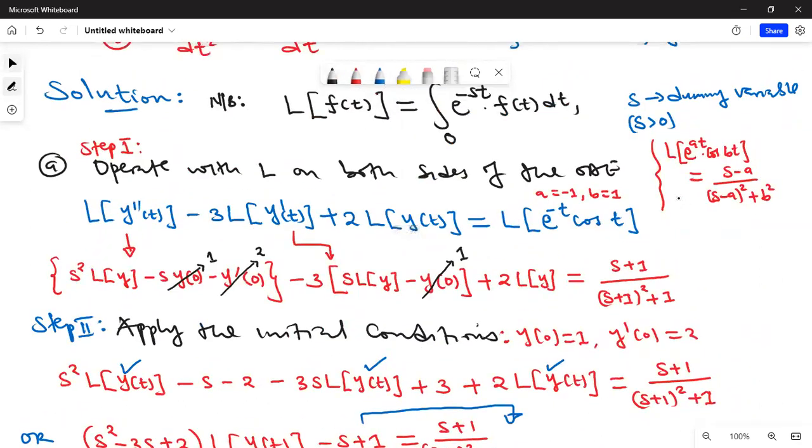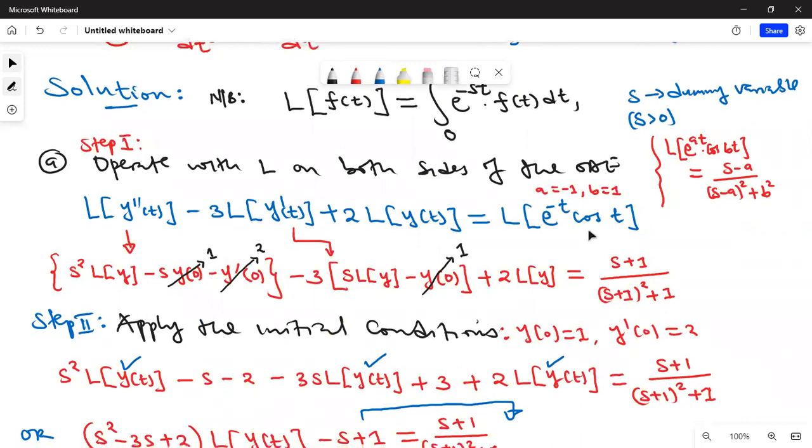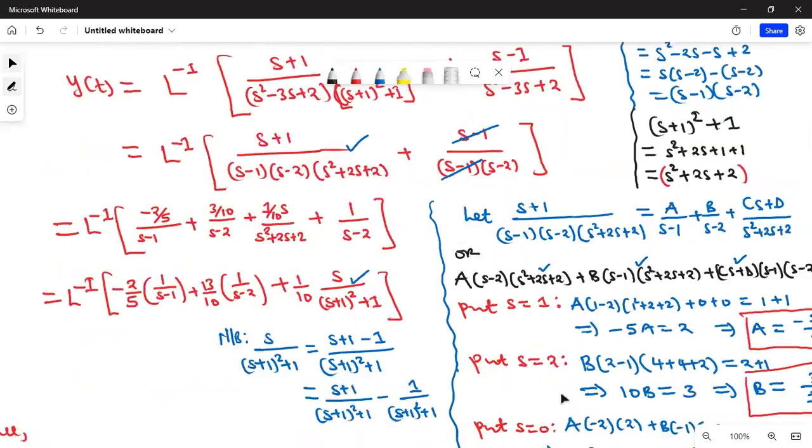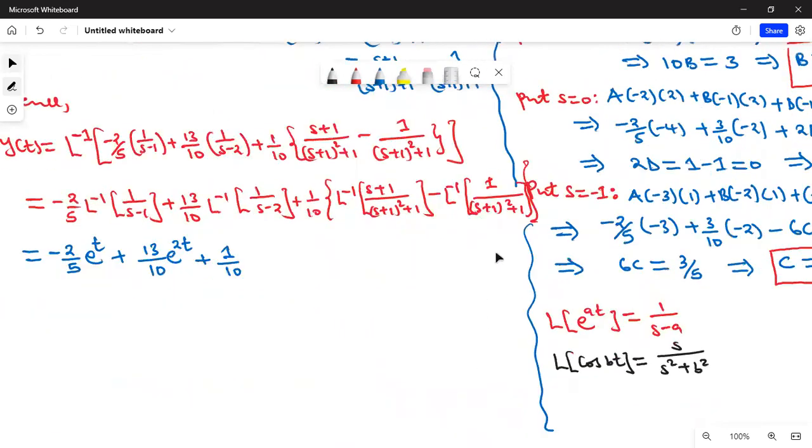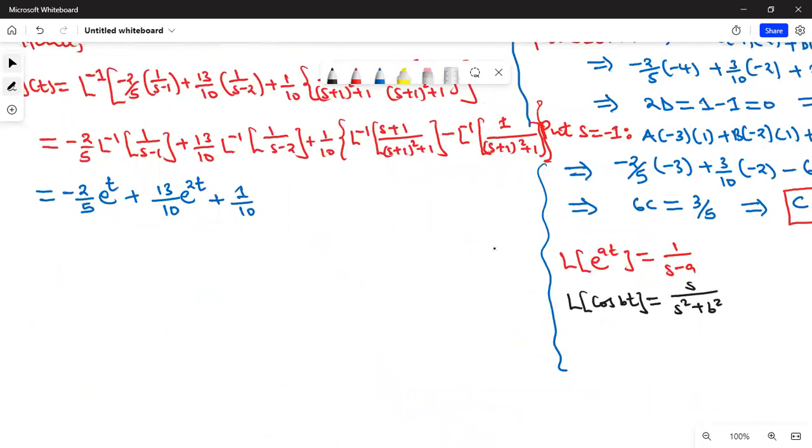Cos bt times exponential at will give you (s minus a) over (s minus a) squared, then plus b squared. So that's what I'm going to borrow, so that I need to know what is my a and what is my b when getting the inverse. So in this case, our a is negative 1 and our b is 1. So we now talk of plus 1 over 10 into, here it is now exponential. Remember our a is negative 1, so that's negative t, cos bt. Our b is 1, so that's just 1 times t. That's cos t.